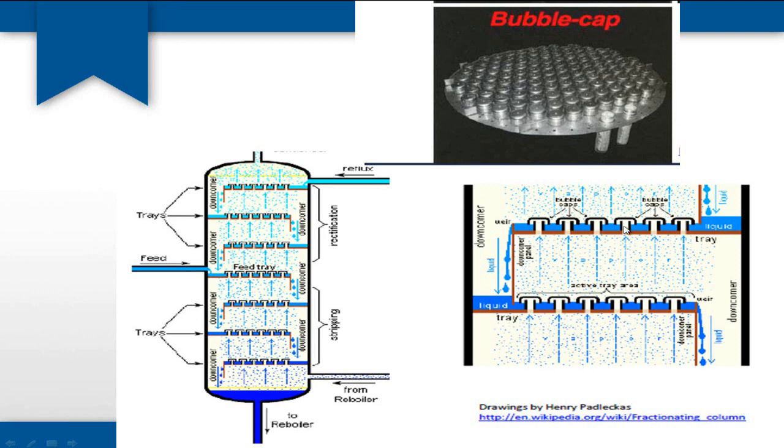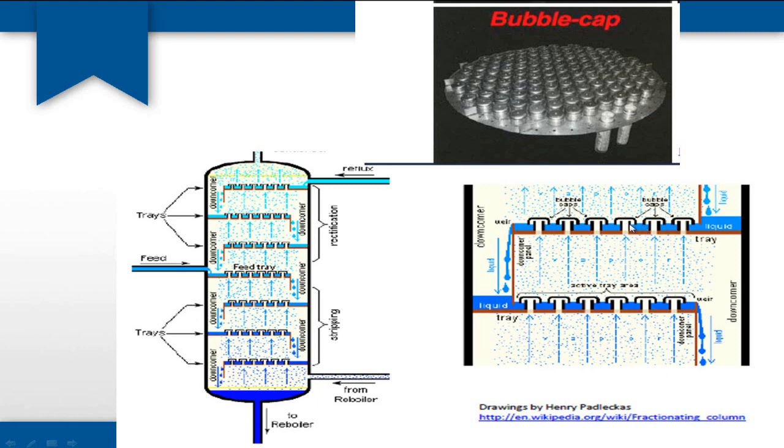You can see this is the hole for the bubble cap. The vaporized products will generate an equilibrium with the liquid on this tray, for better separation.